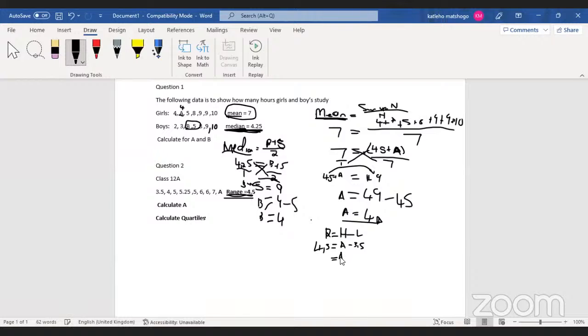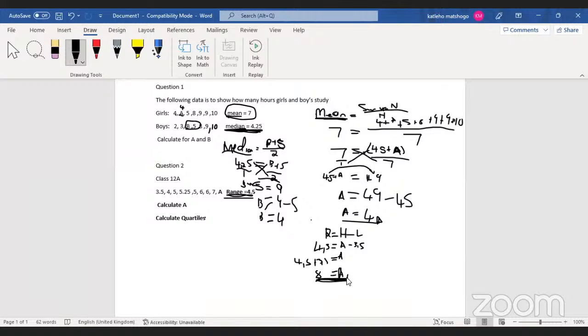You make it stay on one side. You take this one to the other side. Either way. That's what you mean. It's minus the 3.5, so it becomes plus. Yes. So it's 4.5 plus 3.5, and then A goes to equal 8. Now you understand. Yes.